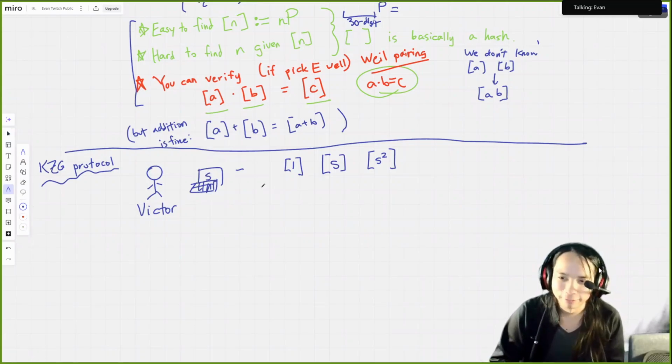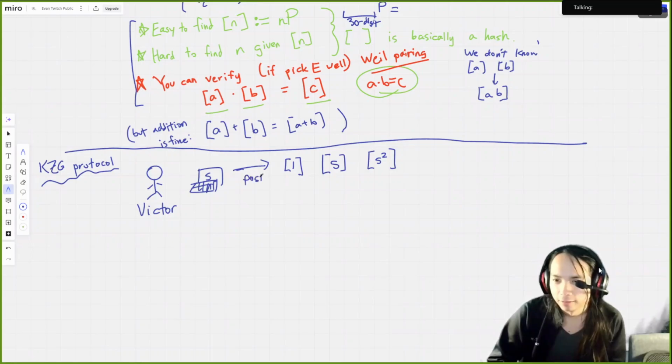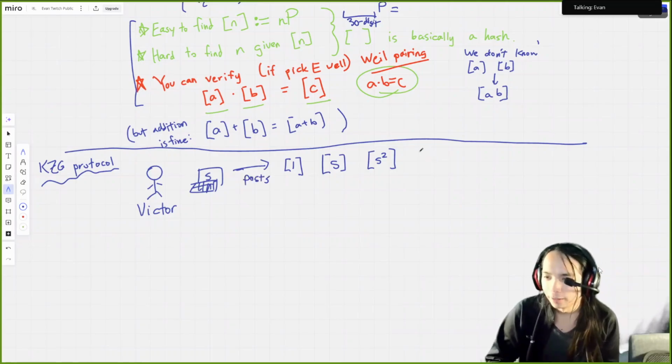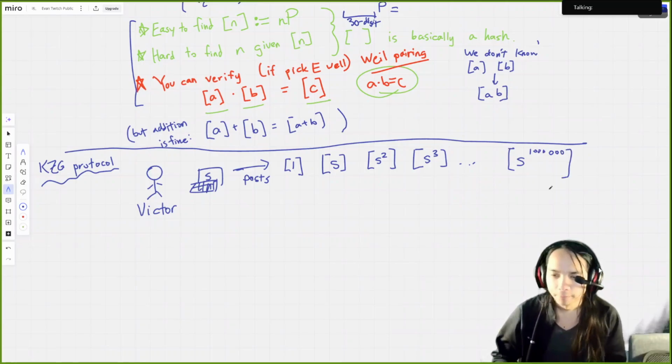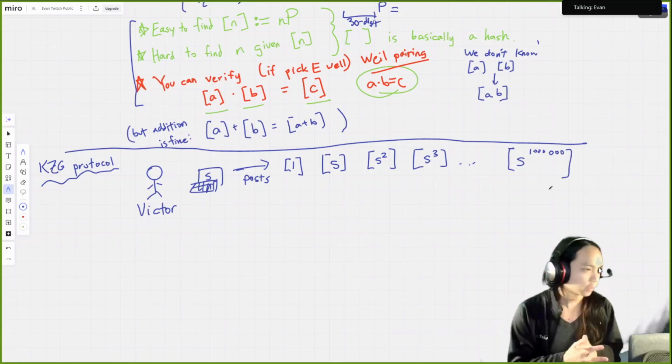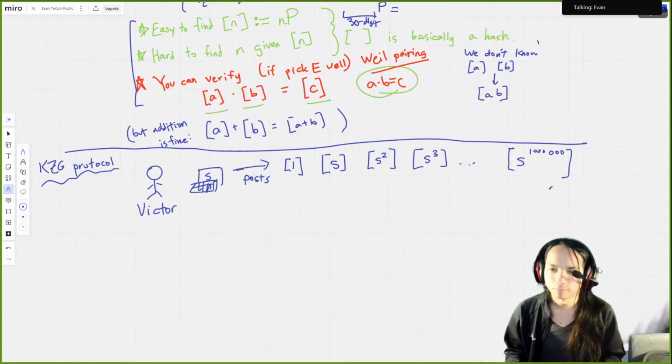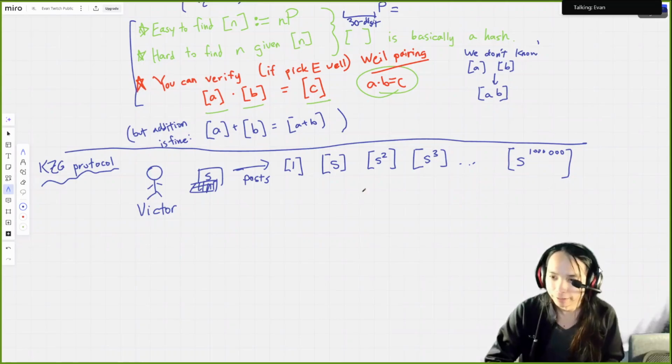Victor's laptop knows the value of S, doesn't tell it to anyone, and then posts the values of 1, S, S squared, and S cubed, all the way up to however many we think we'll need. Let's say a million to be safe. So Victor's laptop computes all of these 1 million points on the curve and publishes all of them somewhere where anyone can see them.